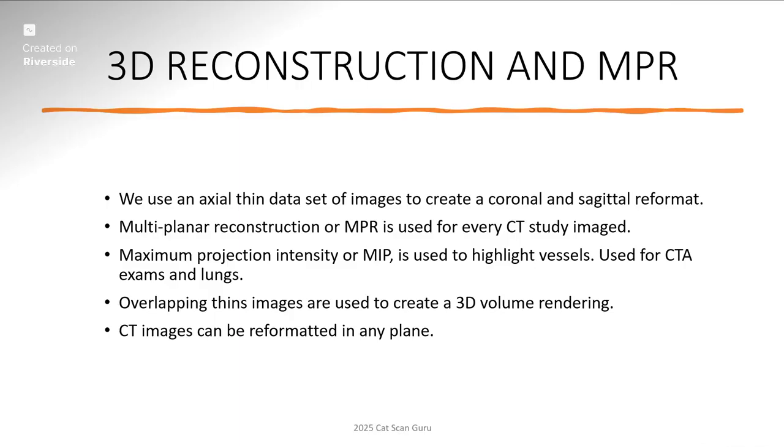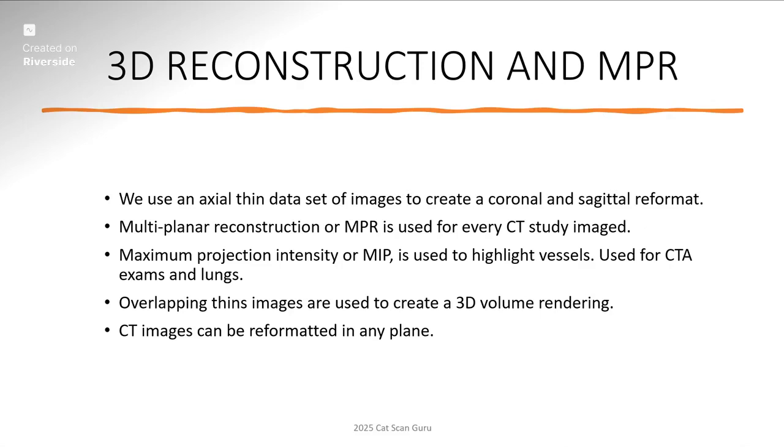Now, like I said, overlapping thin images are used to create these 3D volume renderings and these sag and coronal reformats. So just make sure, and usually every protocol is built with that, so that you can go ahead and reformat after your exam is done. I would check your protocols to make sure you have that thin data set.